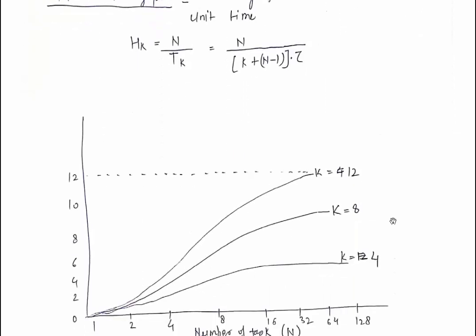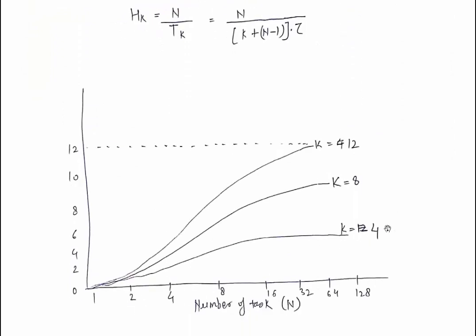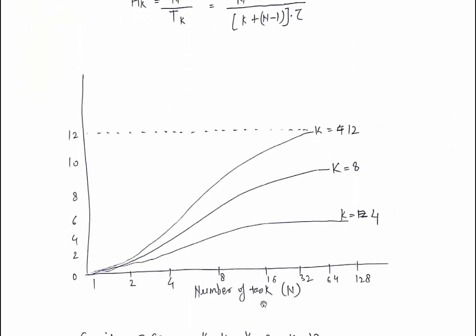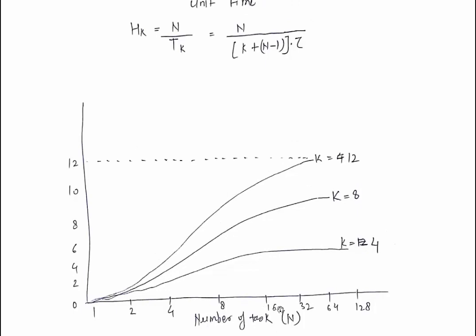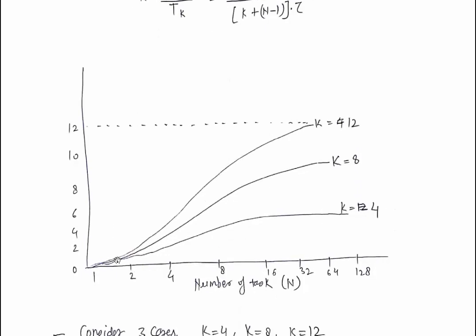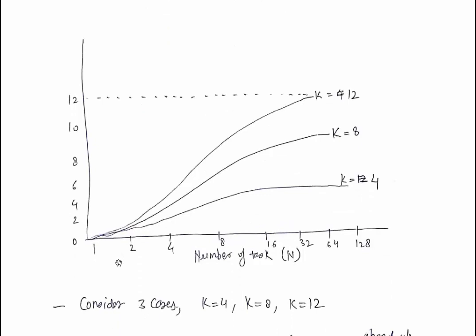Now please see this graph. It tells you the number of tasks versus the pipeline efficiency. Consider three cases where k is equal to 4, k is equal to 8 and k is equal to 12. When k is equal to 4, you will be getting a speed up of 4. When k is equal to 8, you are getting a speed up equivalent to 8.